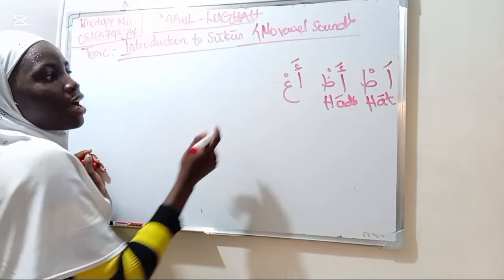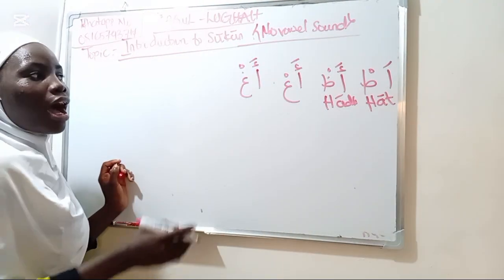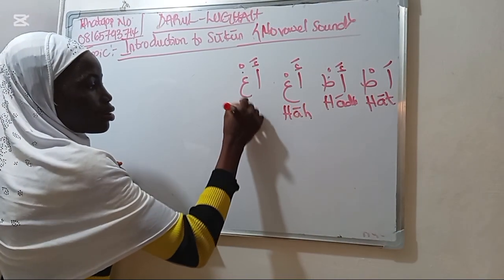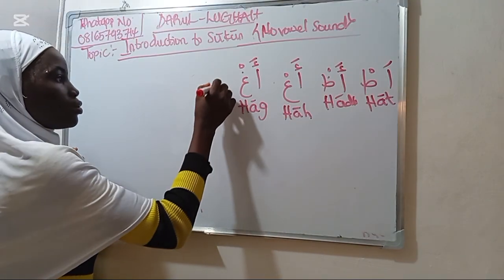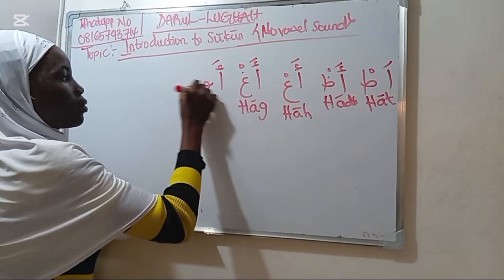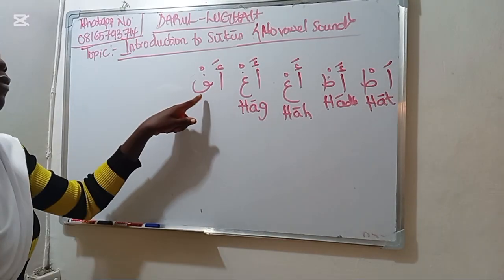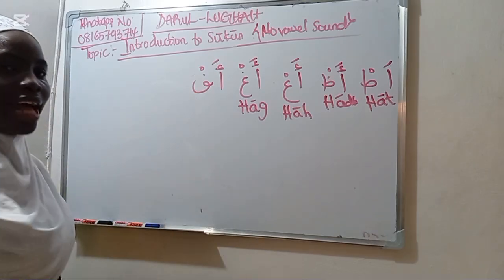Alif fatha a, ghain sukun, am. Alif fatha a, fa sukun, af. The fa has a sound. Pronouncing this a and f together, that's af.